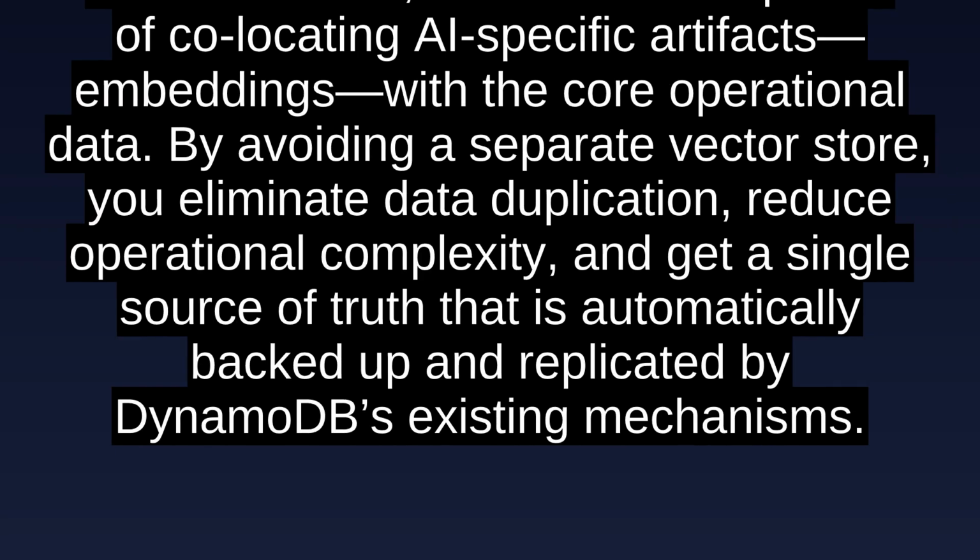Why does this matter for an enterprise architect? First, it illustrates the power of co-locating AI-specific artifacts, embeddings, with the core operational data. By avoiding a separate vector store, you eliminate data duplication, reduce operational complexity, and get a single source of truth that is automatically backed up and replicated by DynamoDB's existing mechanisms.